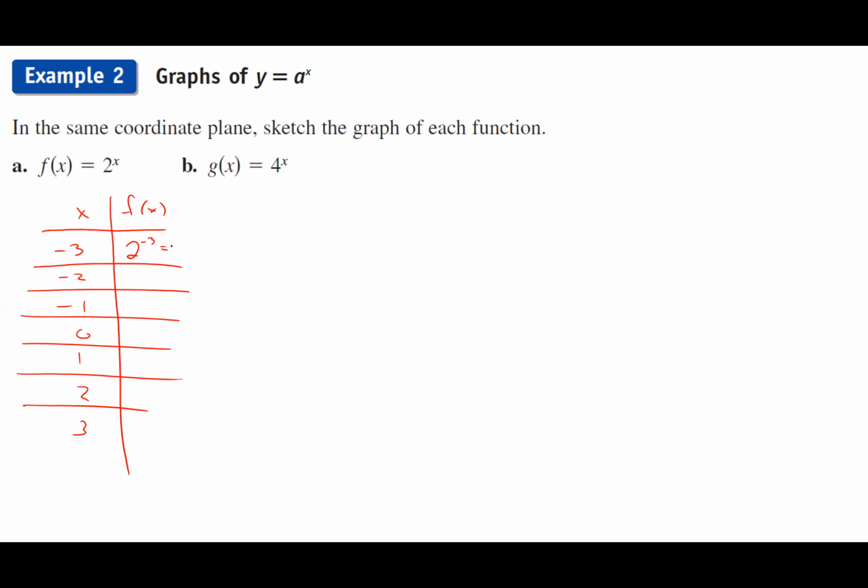2 to the negative 3, how do we simplify that? What does the negative inside the exponent mean? What do we do with the 2 if we have a negative in the exponent?